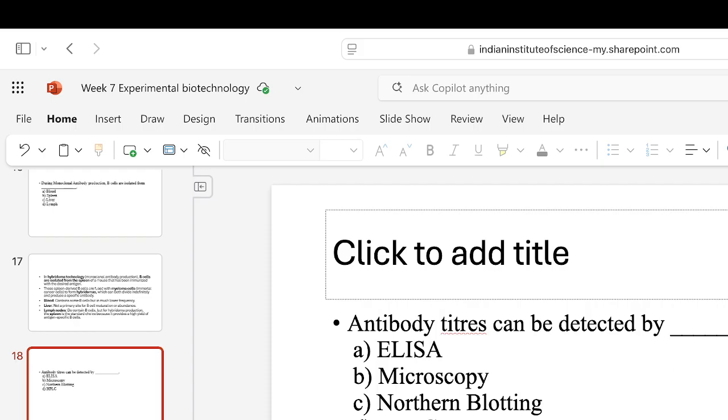Does anyone want to try expanding what ELISA is? It is enzyme-linked immunosorbent assay. Okay. So why would other methods like northern blotting, microscopy, and HPLC not work? Do you have any idea?